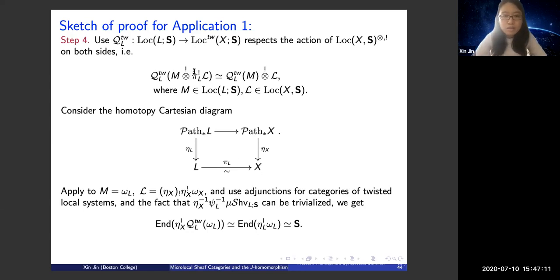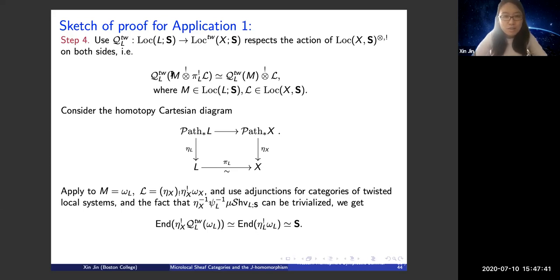And then you realize that when you tensor, it's the same as just doing upper shriek, lower shriek. Then you can use adjunctions for categories of twisted local systems, and the fact that when you pull back your twisted local system to this contractible space, everything trivializes.